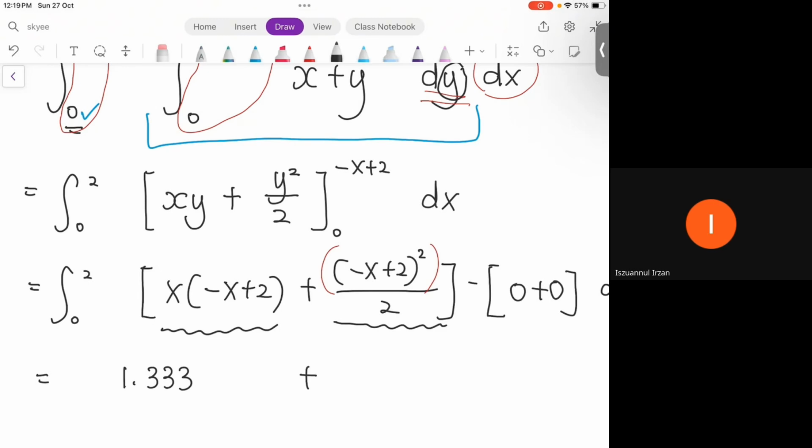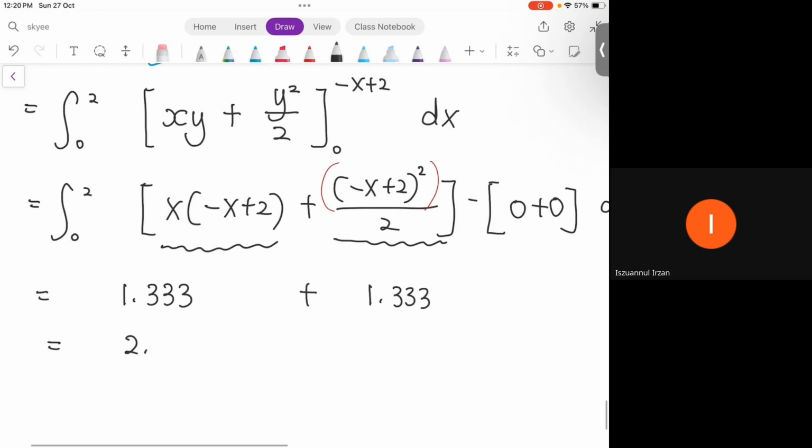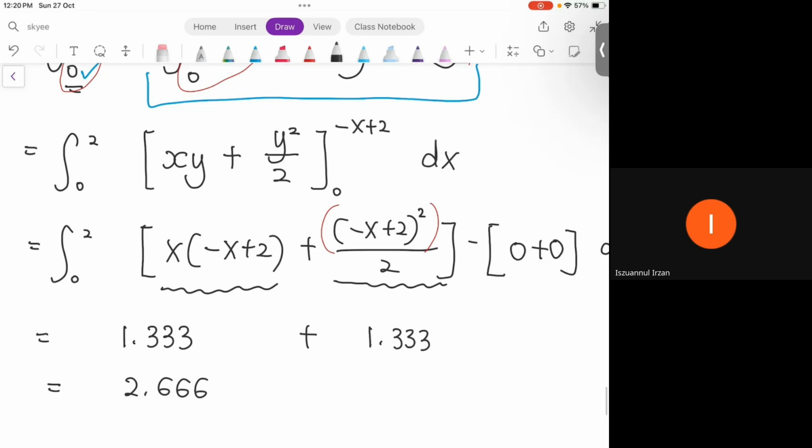This one. So I get 2.666. Are you able to get this answer?